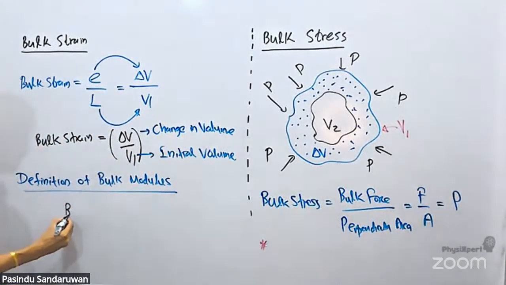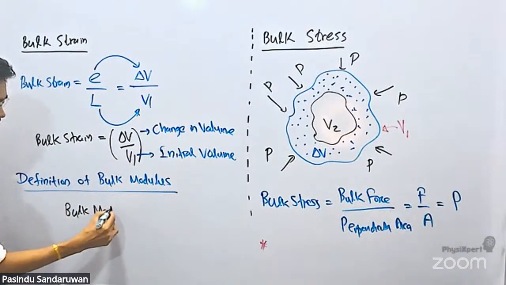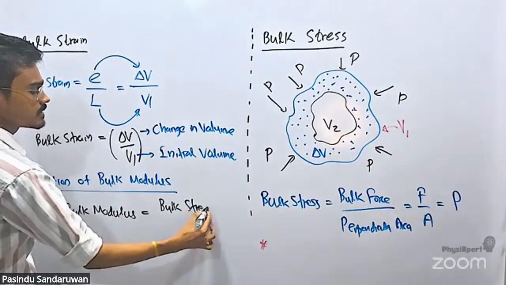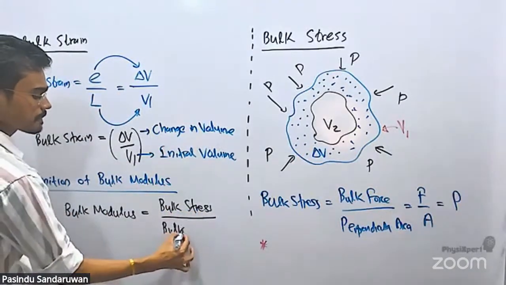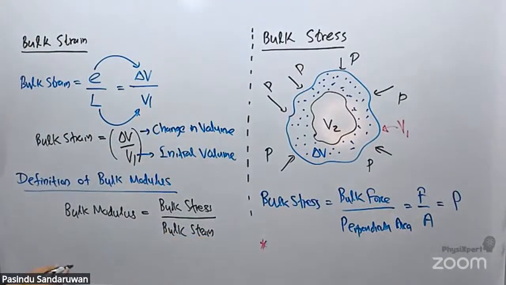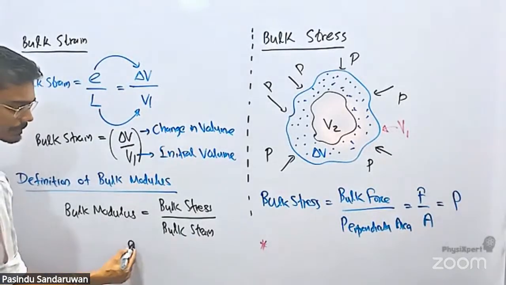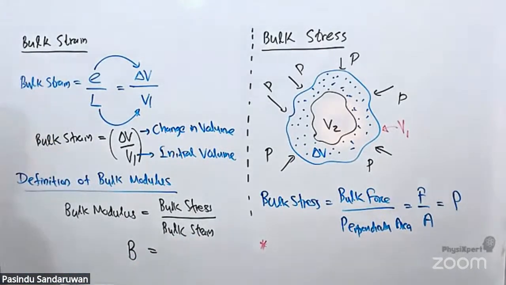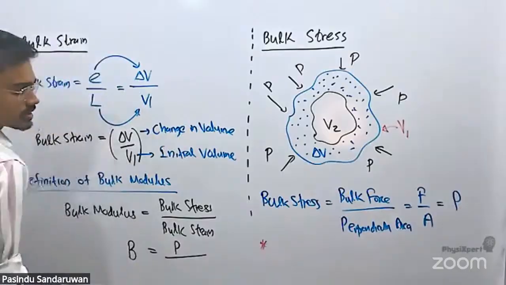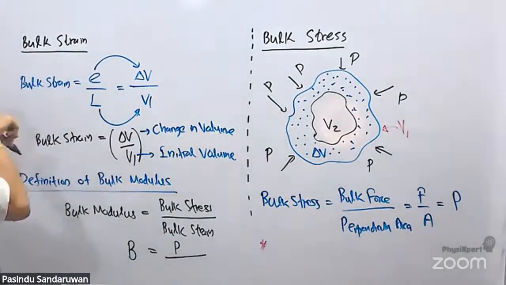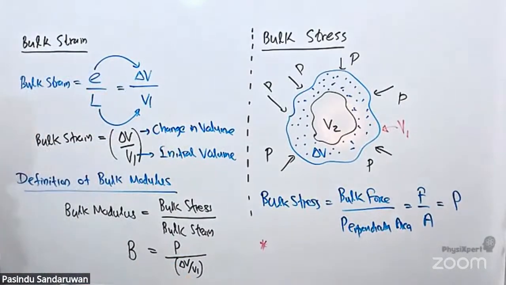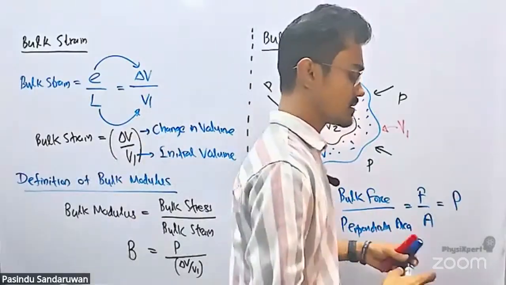Then bulk modulus is bulk stress over bulk strain. Bulk modulus is written as B. Bulk stress is a pressure, so pressure over bulk strain. Bulk strain is delta V over V1. So this is how the equation of bulk modulus derives. Take it down.